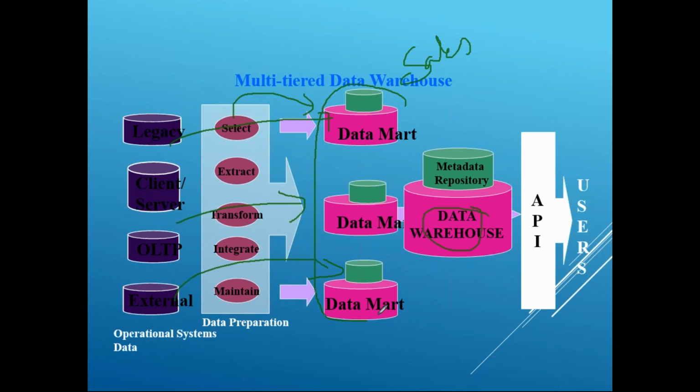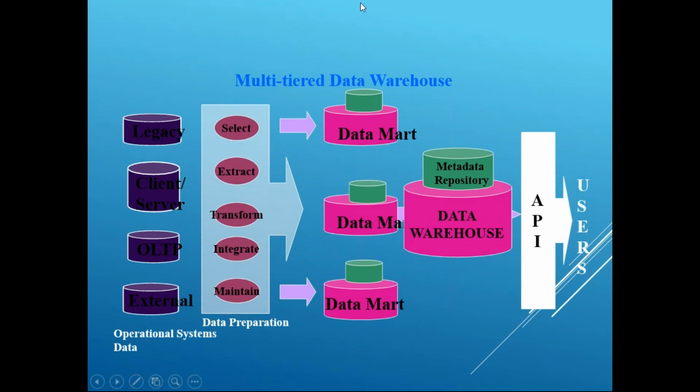The data from all the data marts can then be integrated and loaded into the enterprise data warehouse. This is what you call a multi-tiered data warehouse architecture. You create the data marts, load the data into them first, and then integrate into the data warehouse. That is how the multi-tiered data warehouse architecture basically works.